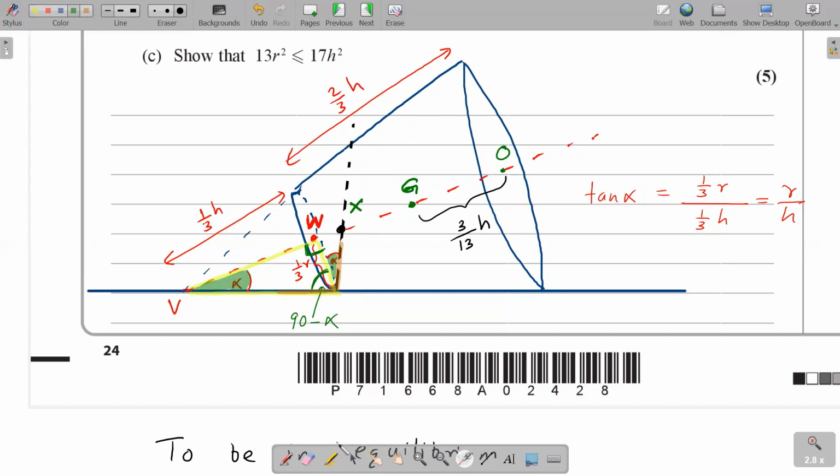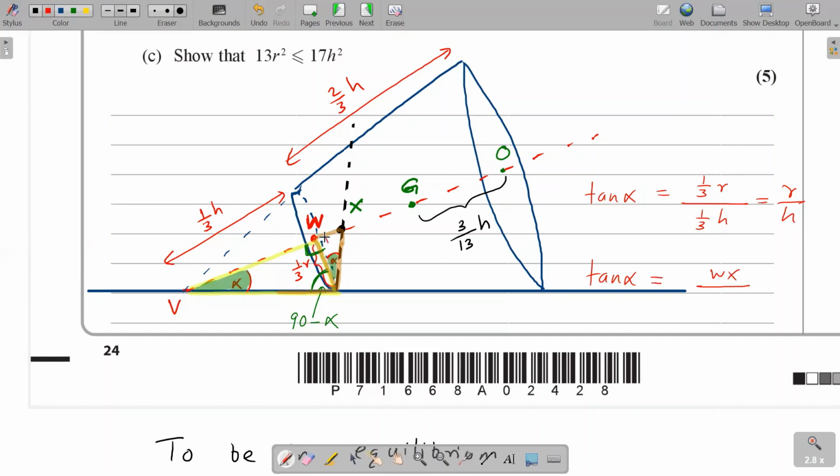Can you write tan alpha by using this small triangle as well? You can see you have this small right angle triangle over here. Can you write tan alpha for that triangle as well? How do you write it? Tan alpha equals opposite over adjacent. Opposite is the WX, what we need. We are trying to find WX, right? Opposite over adjacent is what?